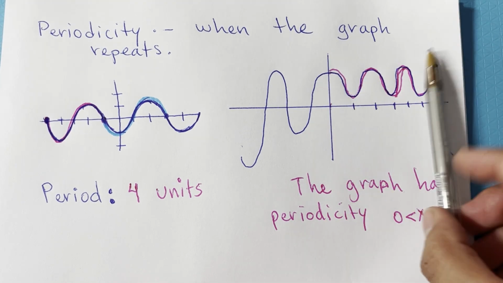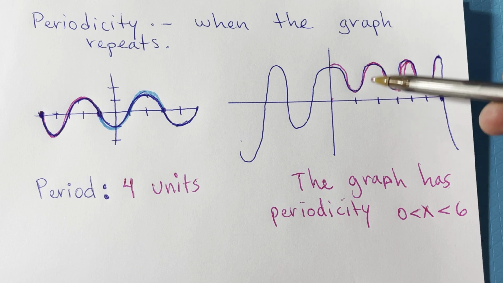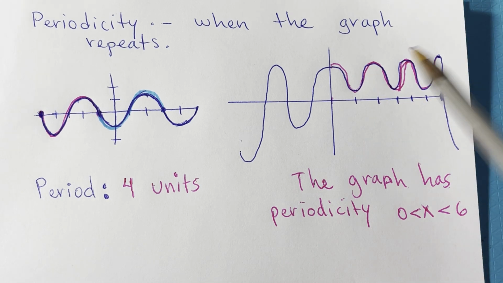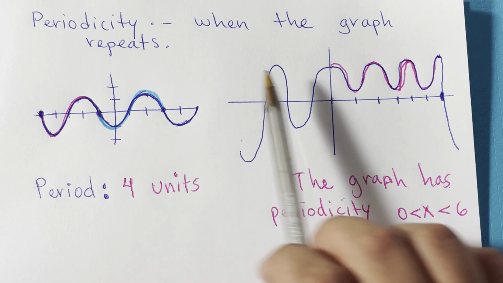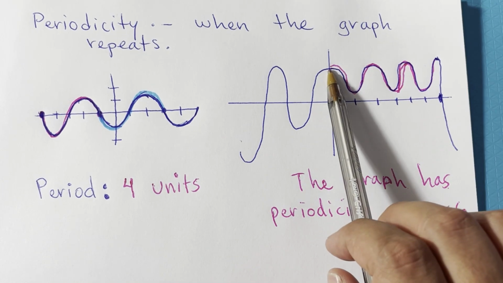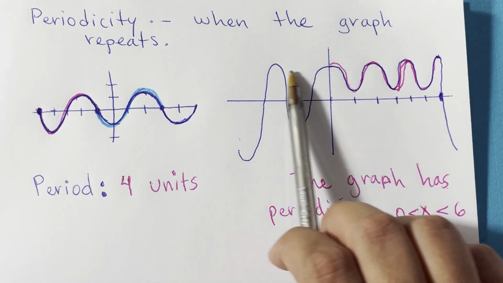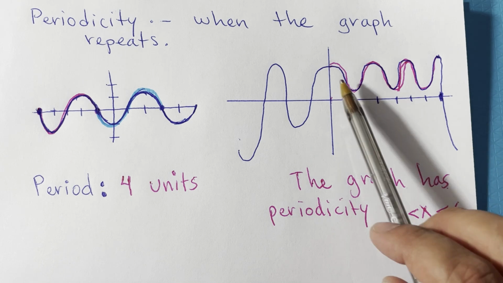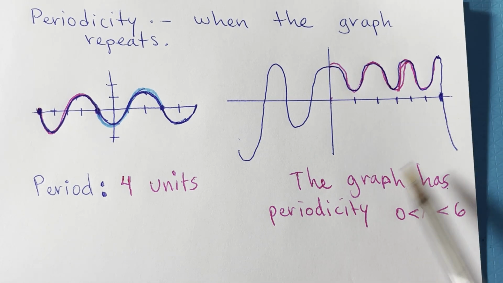Okay, so between those 2 points. And again, I apologize for it not being perfect, but it's just to give you an idea. It's not periodic everywhere. It can be periodic only in certain parts of the graph. It doesn't have periodicity in this other section or here, but between this area it does.